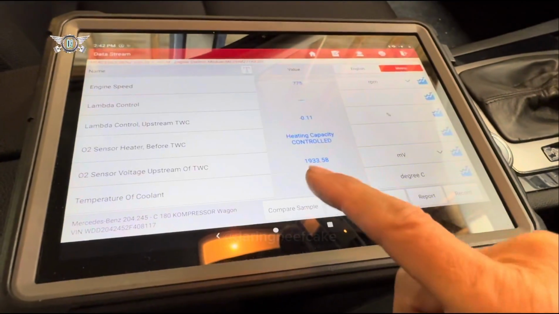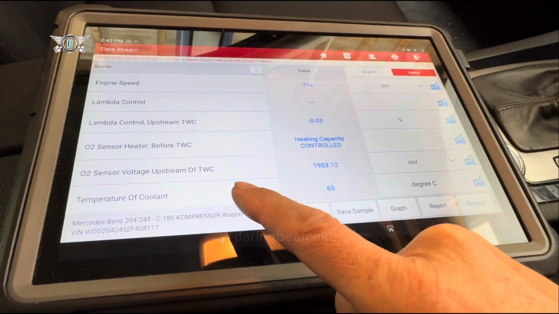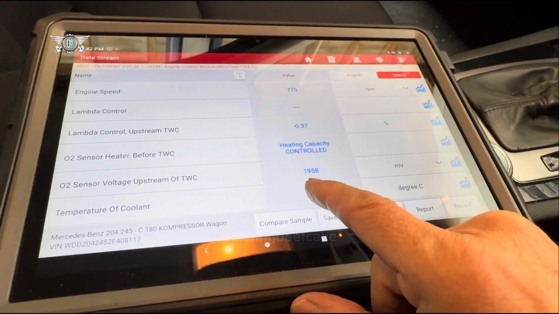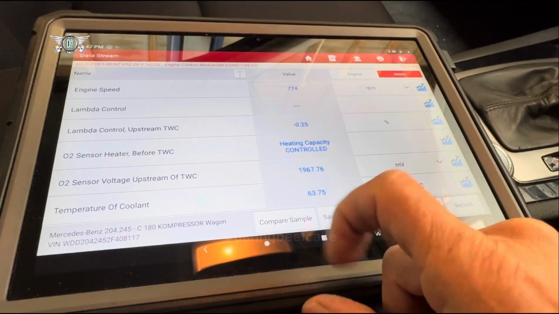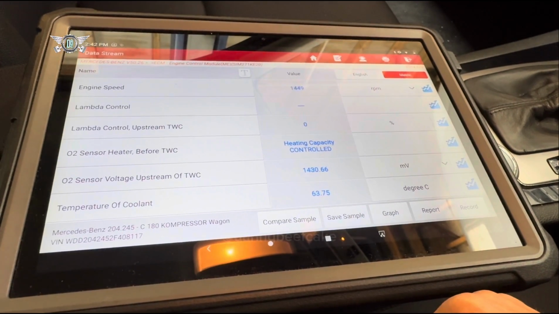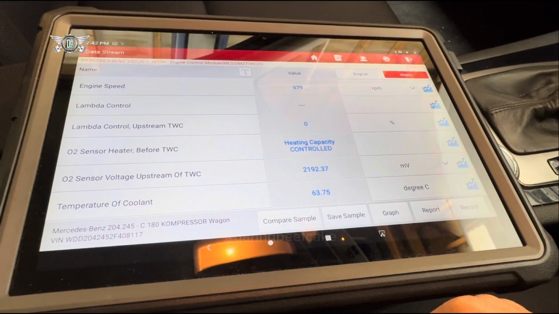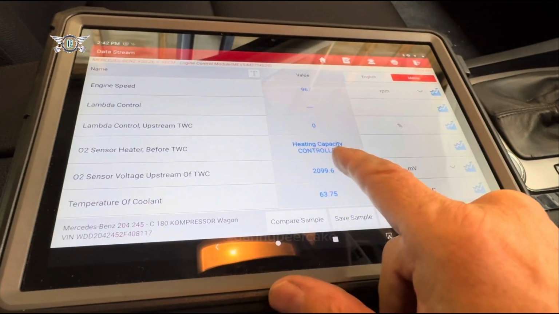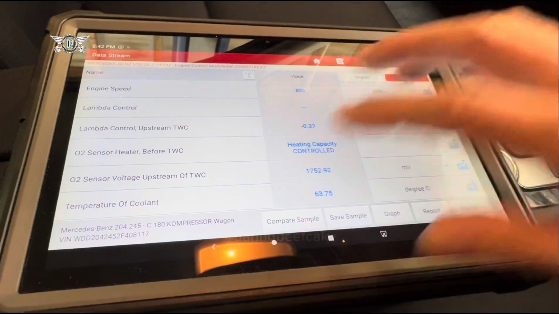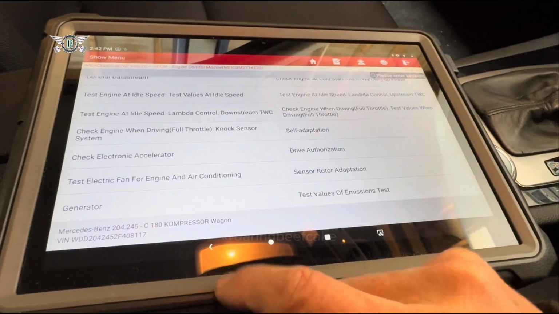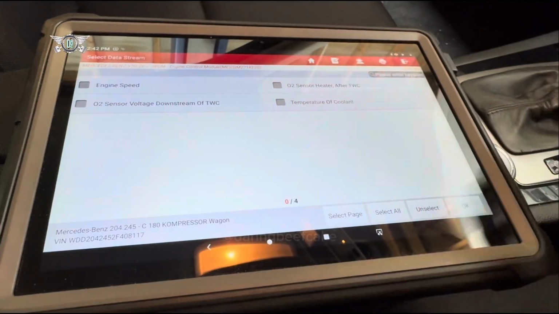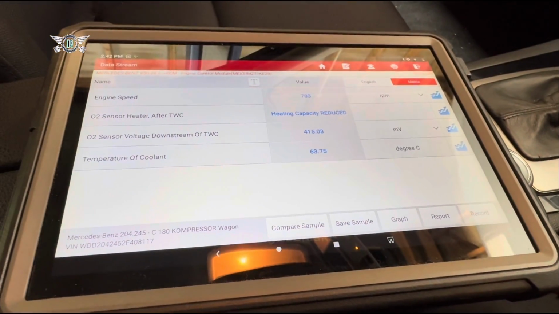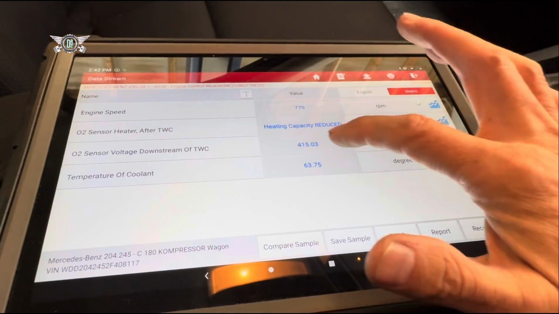By the way, this is the upstream sensor here, and the readings I have are between 1.9 and 3 volts when I rev the engine. I think that's okay for this, and also the heating capacity is controlled. Now again, if I go back to the other one, it's still reading the same.